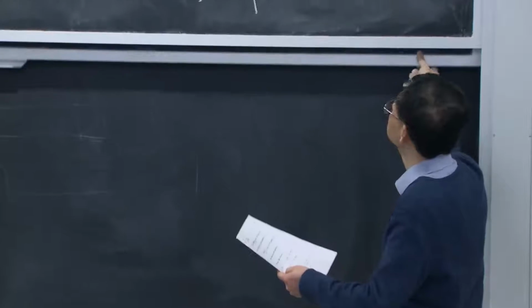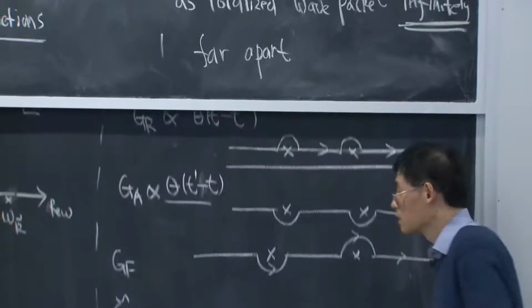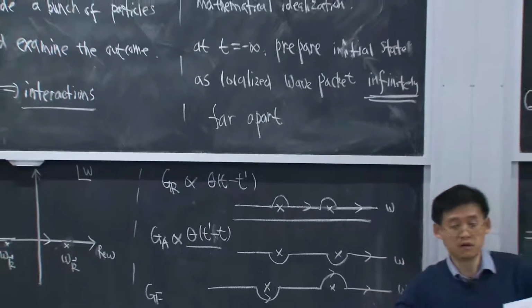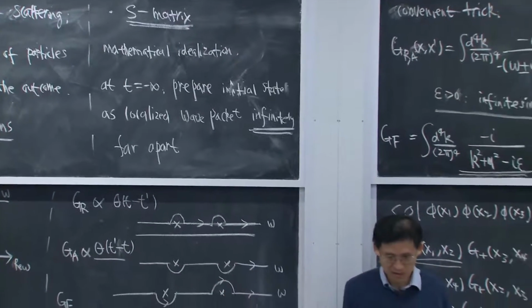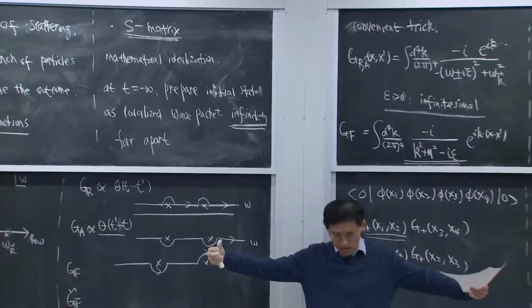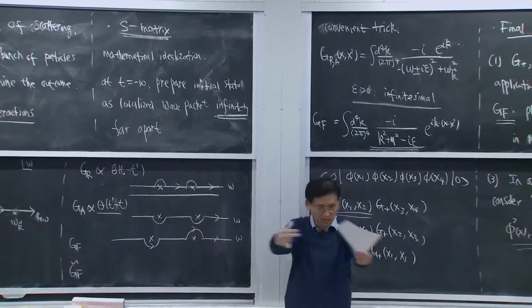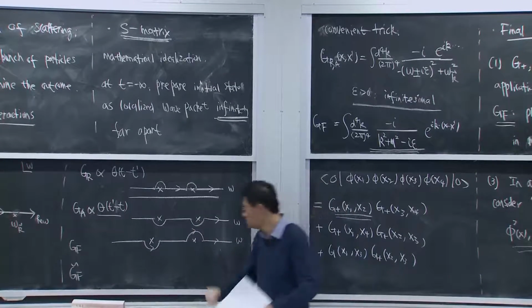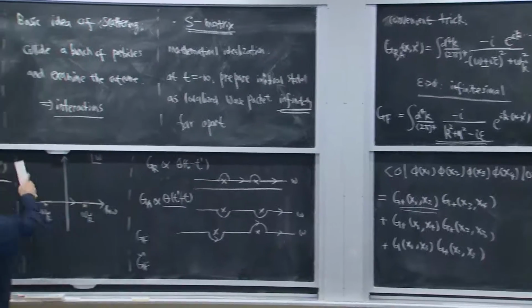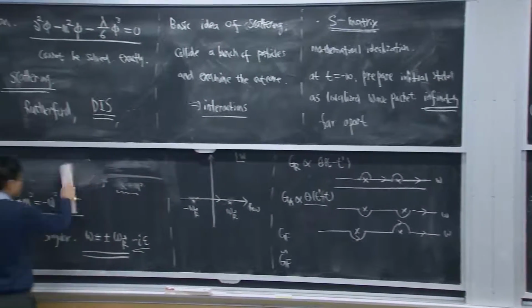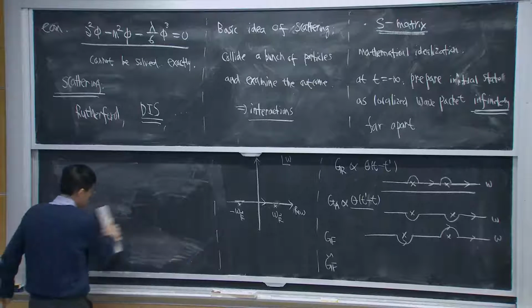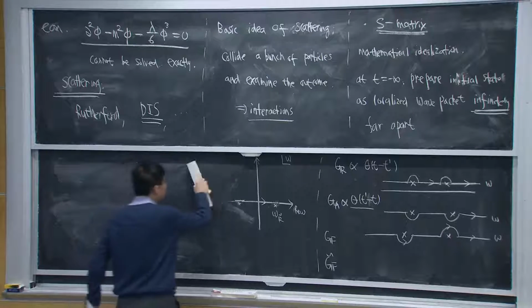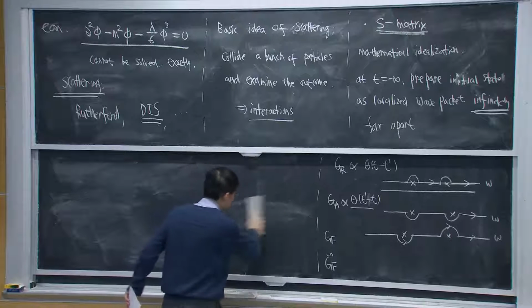But you aim them. You prepare them spatially infinitely far apart, but you prepare their initial momentum so that they can come together at some point. And then they will scatter, they will interact with each other, and then they will form some final product.